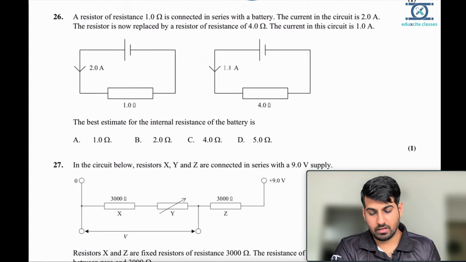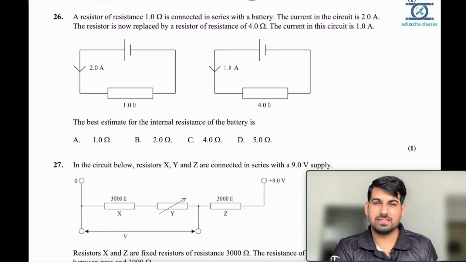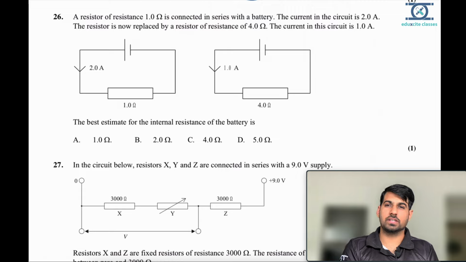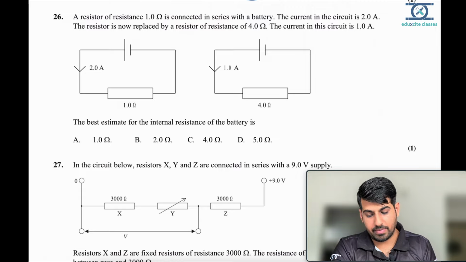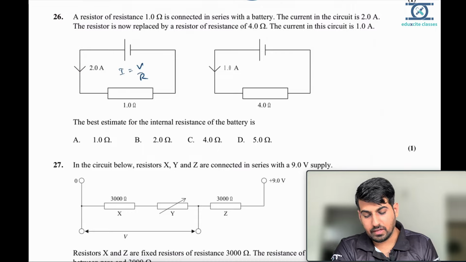Okay. Now question number 26. I just put in the values and you will get the answer for the best estimate. We know the current, we know the resistors, and we want the internal resistance. So I equals V by R. Now R will be R series, because the internal resistance of the battery will be in series with this resistor.